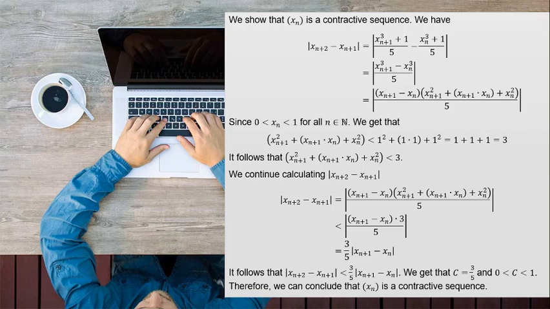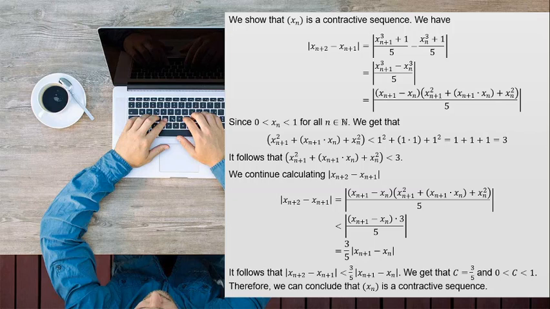And by the fact before, we have that it is less than the absolute value of x_{n+1} minus x_n multiplied by 3/5, which equals 3/5 times the absolute value of x_{n+1} minus x_n. It follows that the absolute value of x_{n+2} minus x_{n+1} is less than 3/5 times the absolute value of x_{n+1} minus x_n.